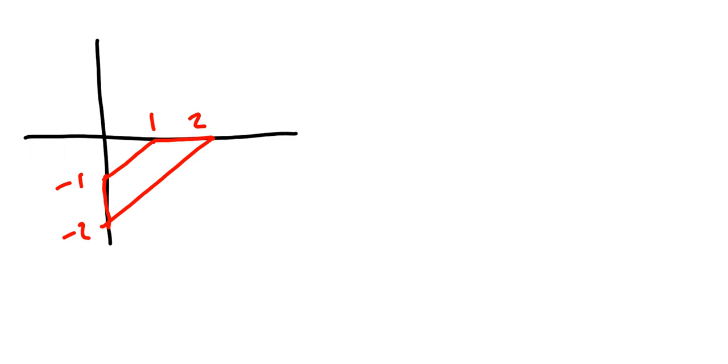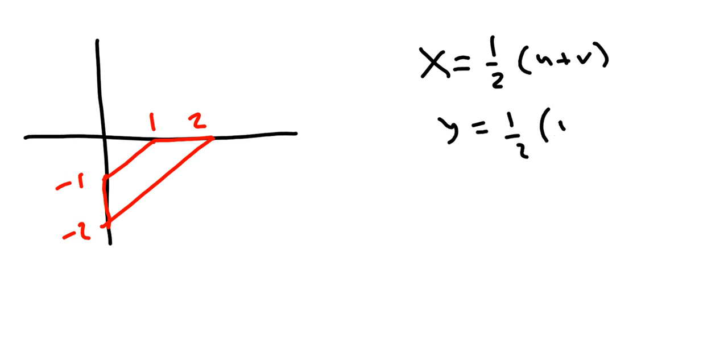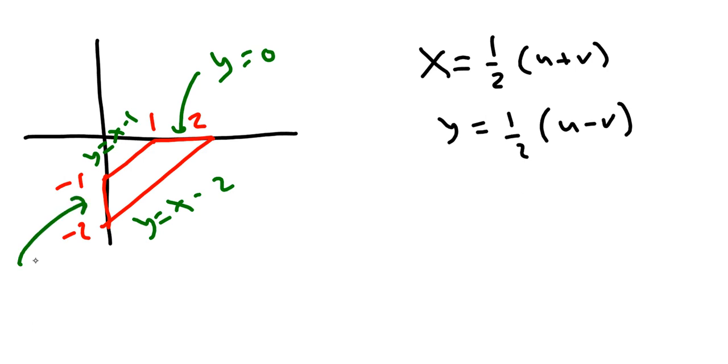And then we also found out that the transformation was x equals 1/2 of u plus v, while y equals 1/2 of u minus v. We can remember that this is the equation y equals x minus 2. This is the equation y equals x minus 1. This is the equation y equals 0. This is the equation x equals 0.